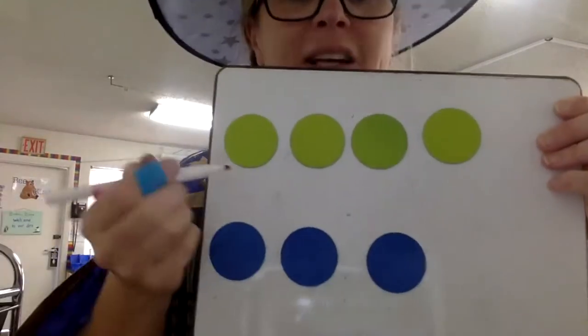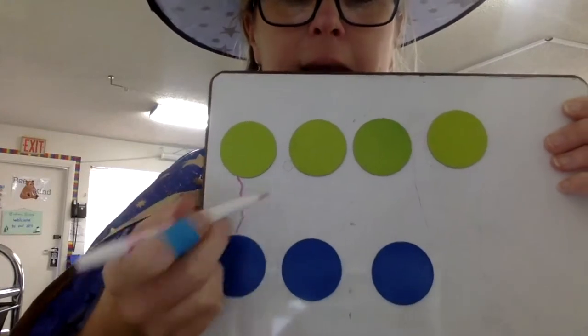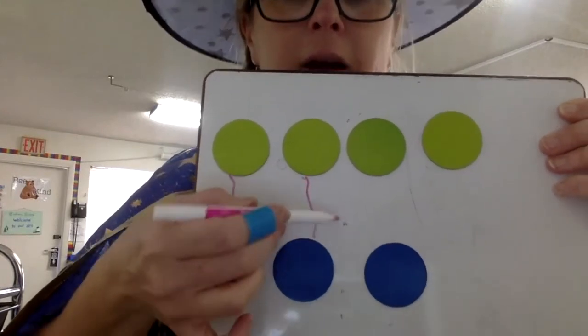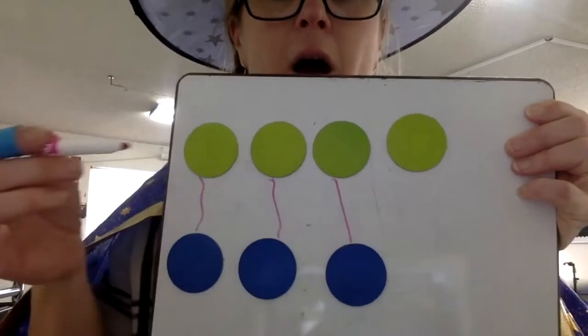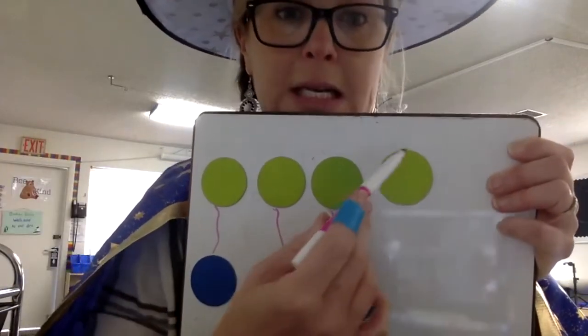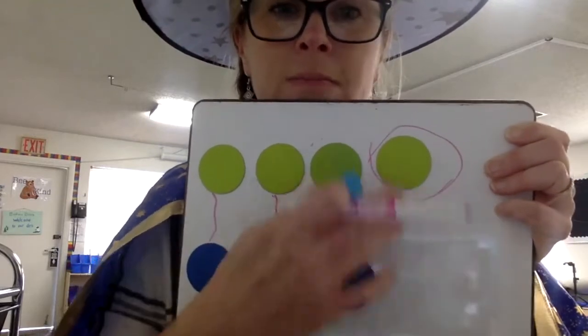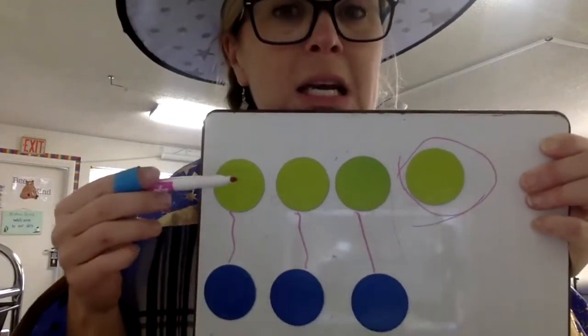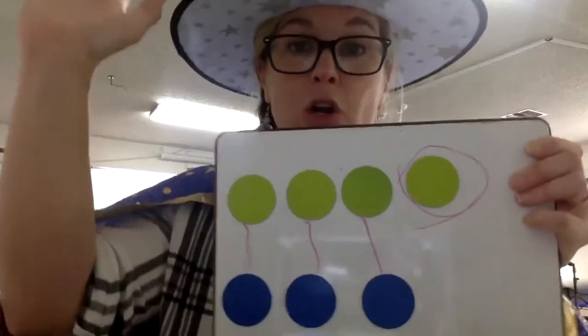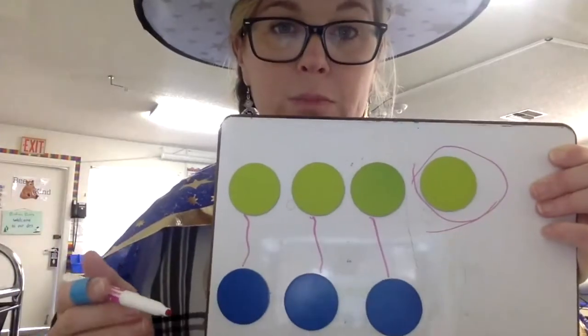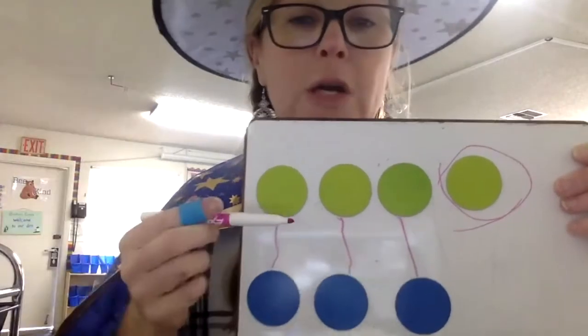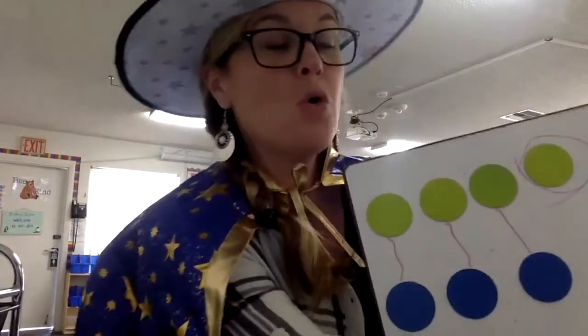Let's look. And how we can look is to match. There's one more green than blue. That means that green is greater than blue. There's a greater number of green than blue because there's more.